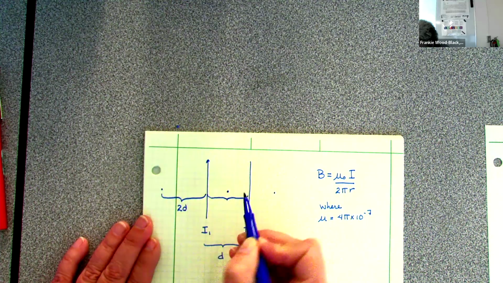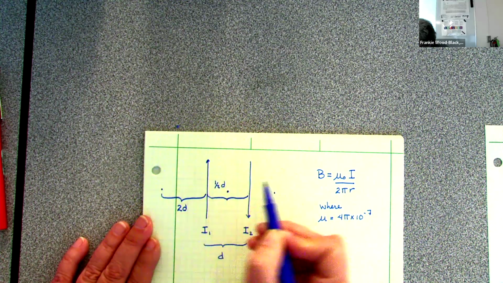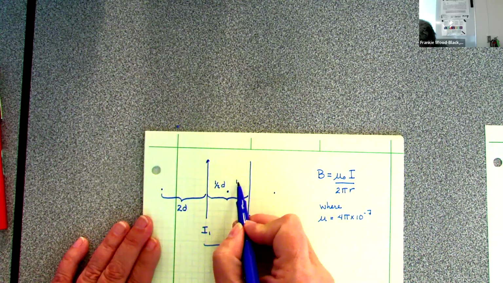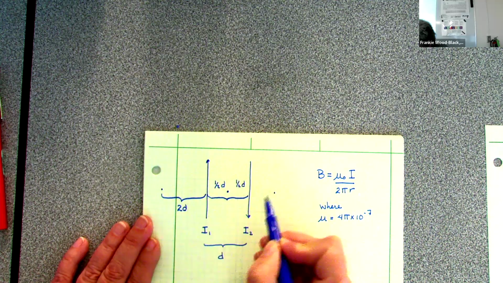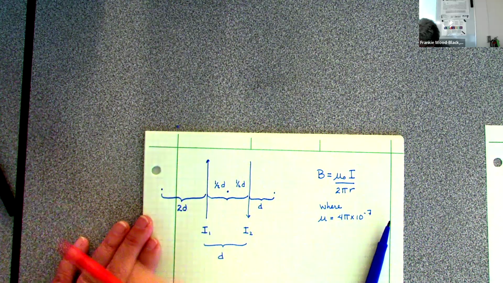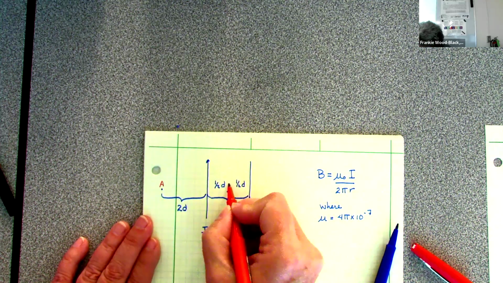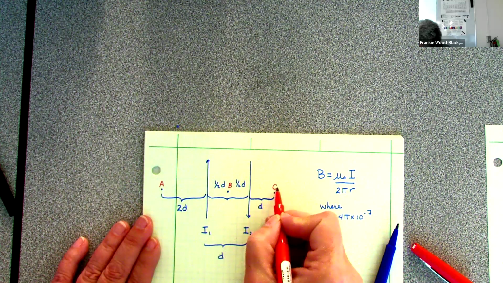That's our d. So this is going to be 1/2 d, and this is going to be 1/2 d. And this is going to be a point d away. This is going to be point A. This is point B. This is point C.